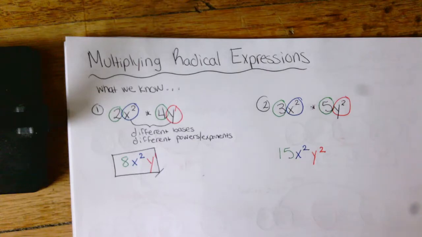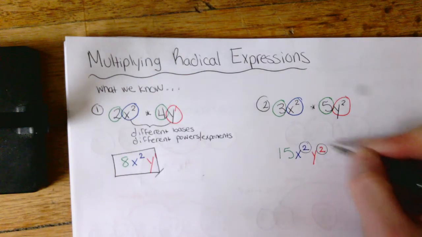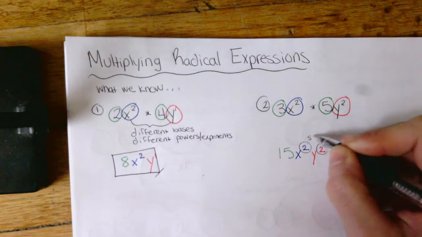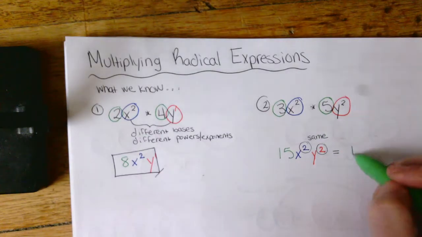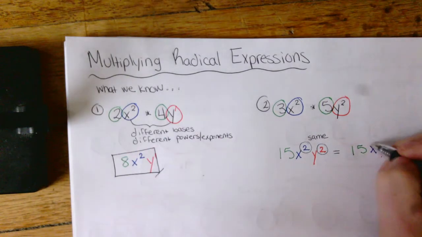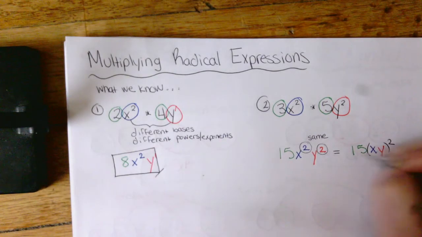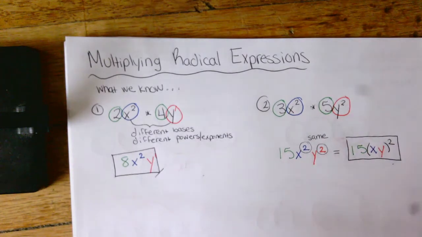Now, because both of these variables have the same exponent, I could rewrite that as 15 x, y, with just the x and the y squared. Okay?